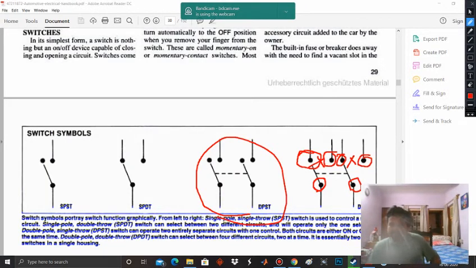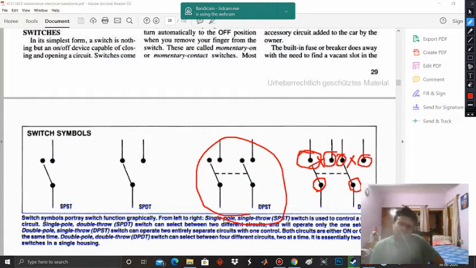The switch comes later. The first thing you have to take note of is what your requirement is, because until and unless you understand the requirement of your circuit, you will never understand what switch you will require to operate that particular circuit.